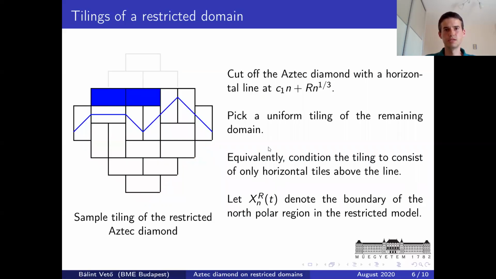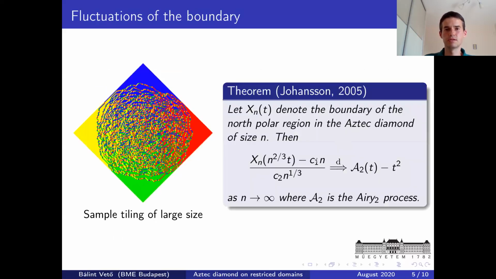What we are interested in is the following: the model, how we modify the Aztec diamond, is that we cut off a piece from the Aztec diamond close to the top corner. And we cut it off with a horizontal line, and its height is a constant c_1 times n, where this c_1 is the same c_1 as in Johansson's paper.